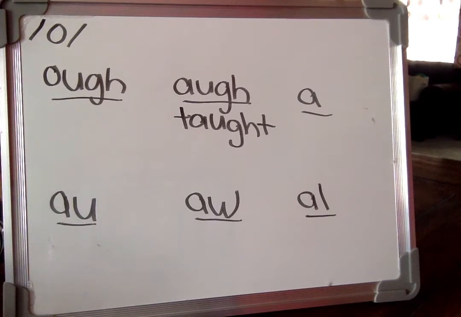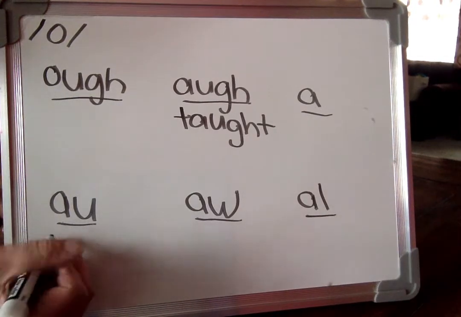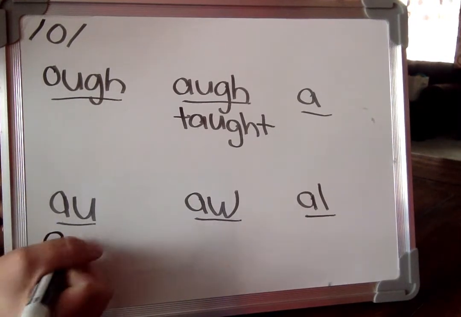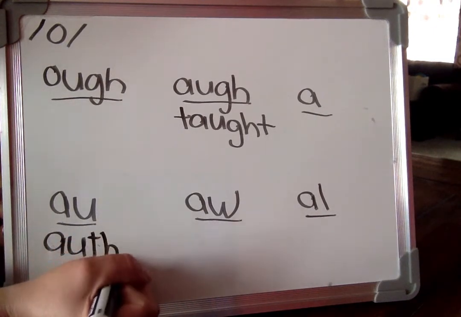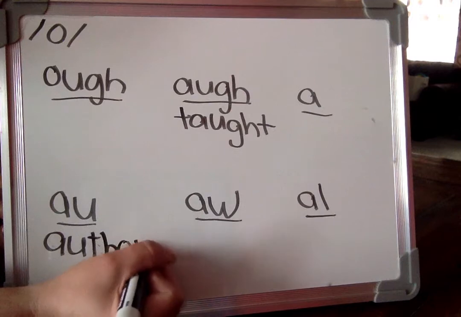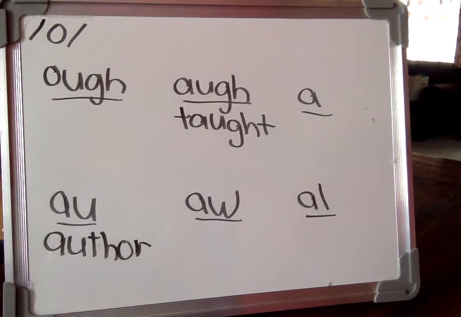What about the word author? Author, that's one of our spelling words, author. That one has an A-U. The beginning makes that sound, A-U-T-H-O-R, author. What about bought? I bought a shirt, bought.